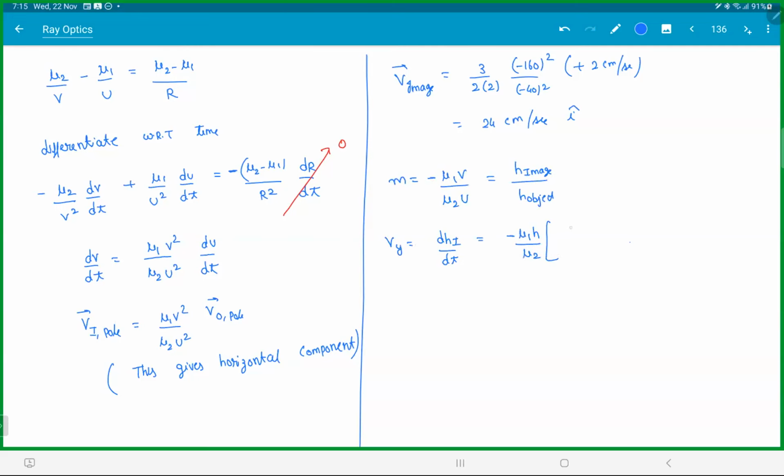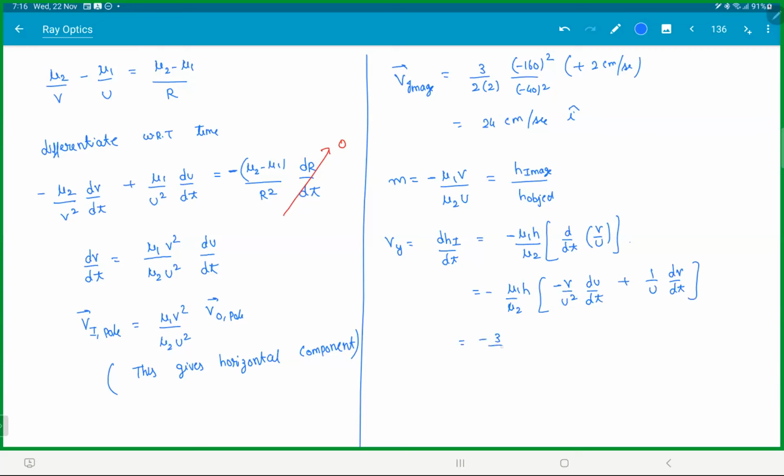Mu1 value I know, mu2 value I know, h value I know, and this differential will be v minus v by u square du by dt plus 1 by u dv by dt. That's your y component here.